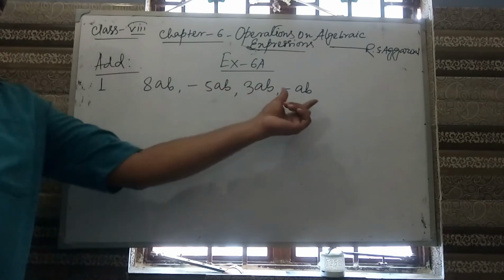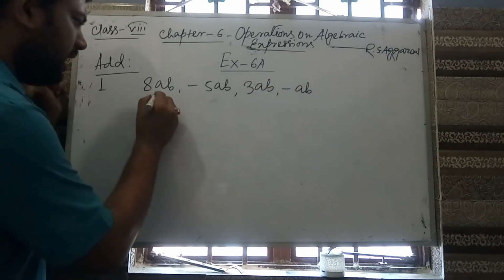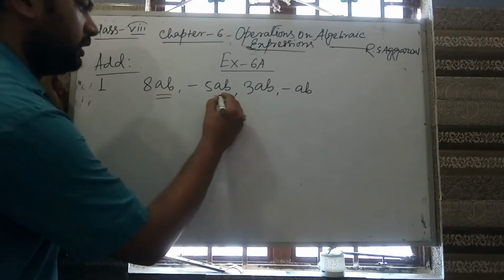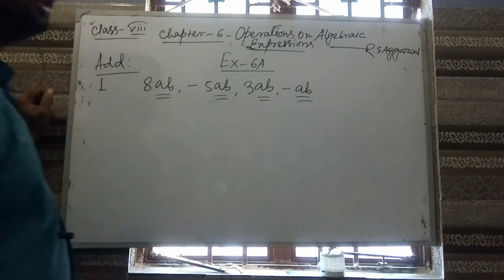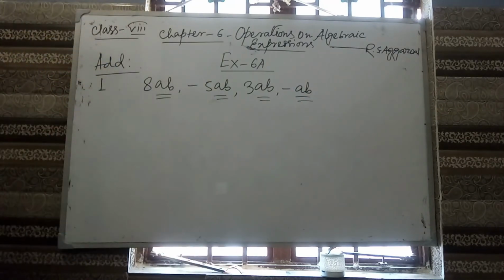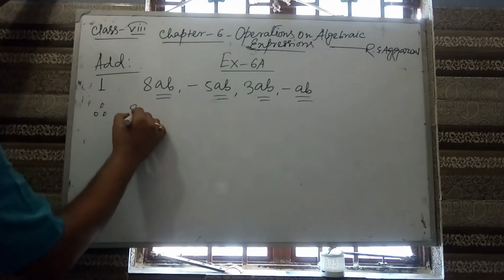All of them are variable. And look, they are like terms also. AB is present here, here, here, and here. So these are like terms. We know that in like terms we can add or subtract. Therefore, we have to add.